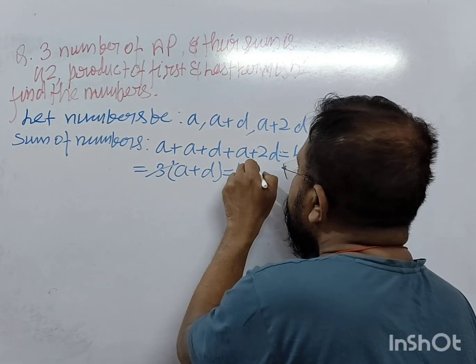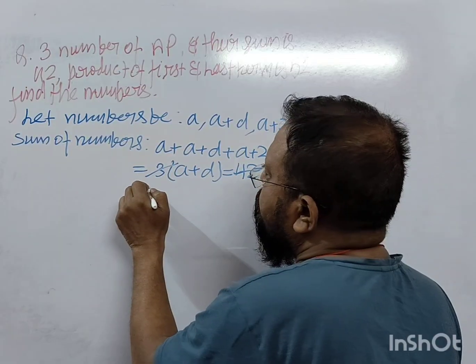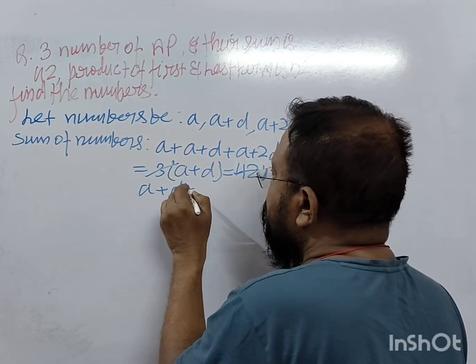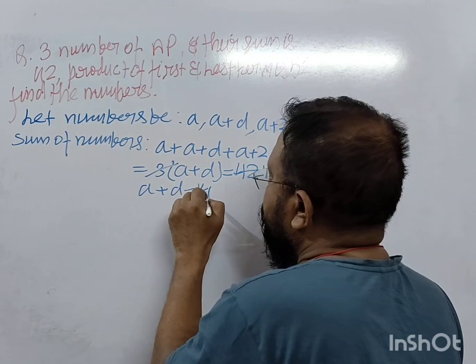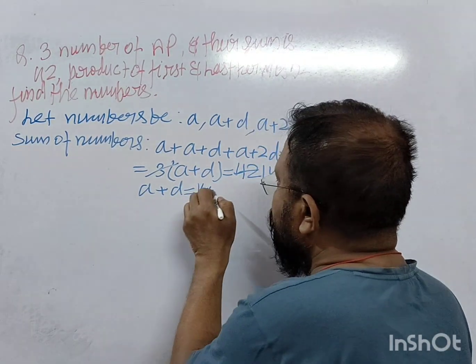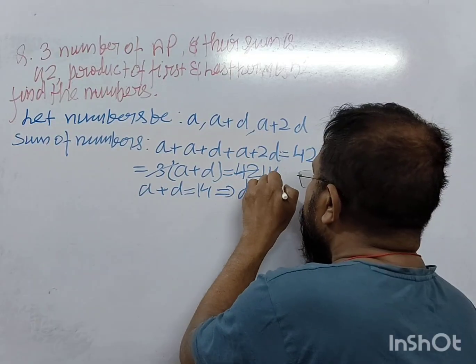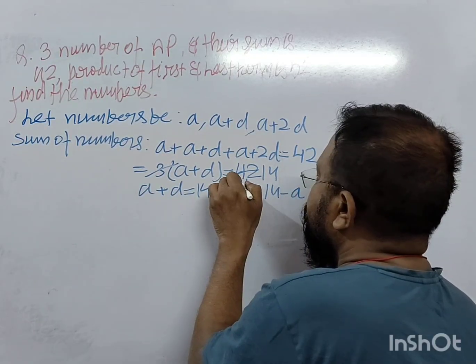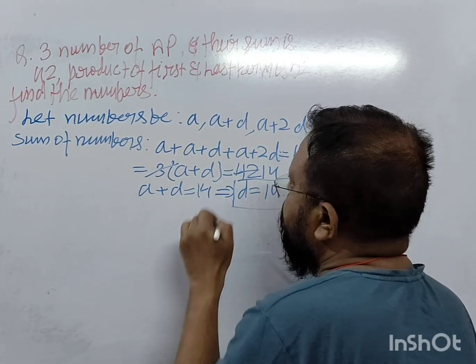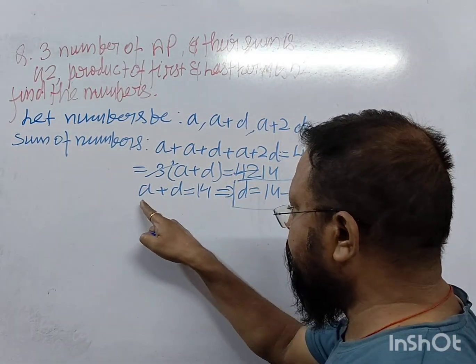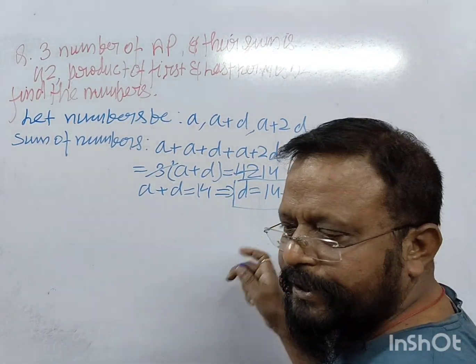You will cut this, it becomes 14. So a plus d is equal to 14, right? So you can write d is equal to 14 minus a, right? We bring a on this side, so this is right.